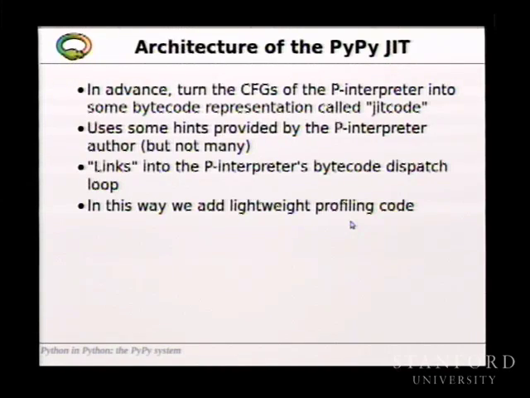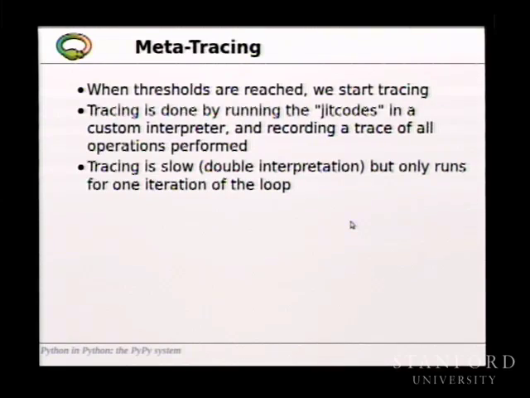This is something that occurs during translation. But then at runtime, you measure some profiling, and when you reach some threshold, you start tracing.